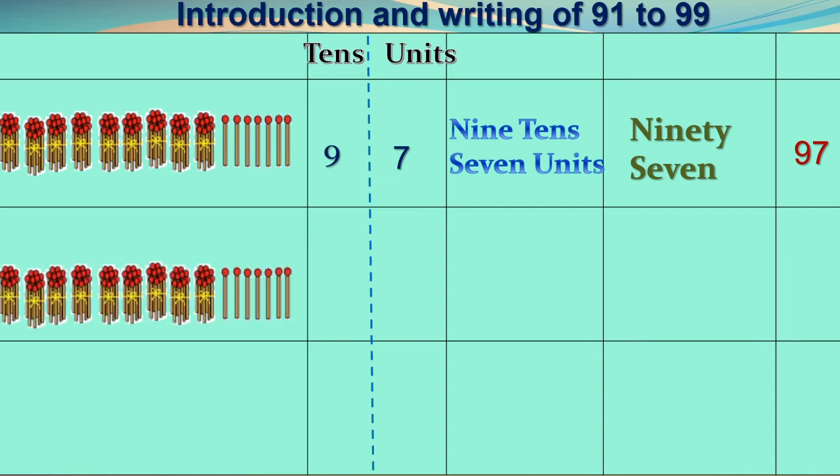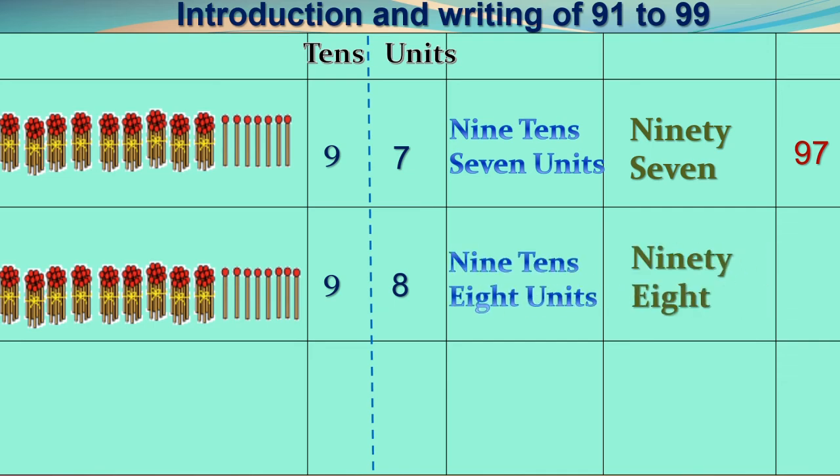Next is adding one more matchstick to 97. So we got 9 tens, that is as it is, and 8 units. Okay, and our number is 98. In the numerals 90 and 8. Right?